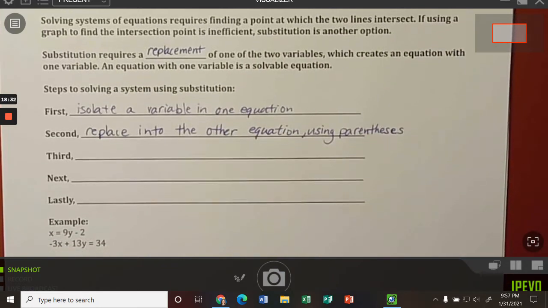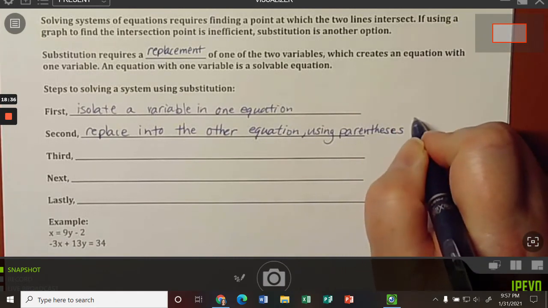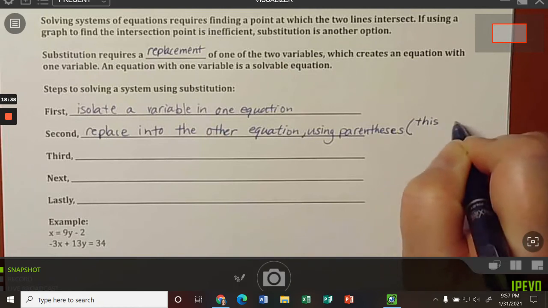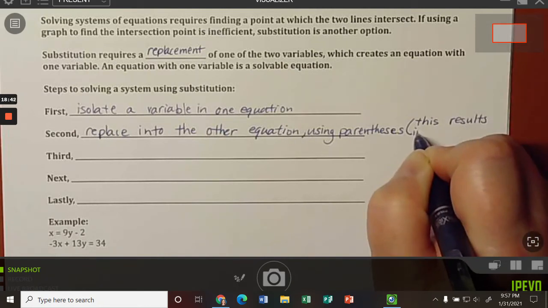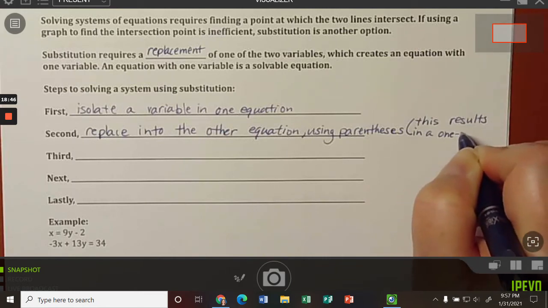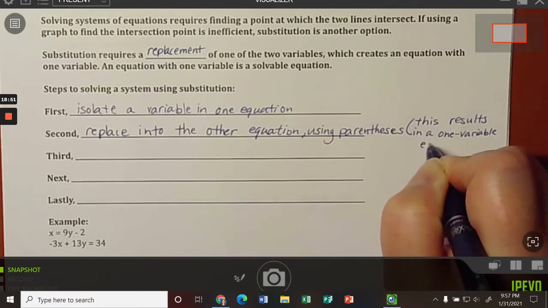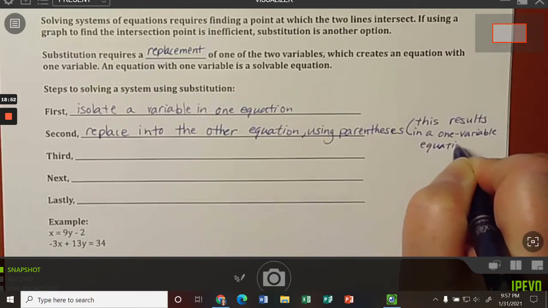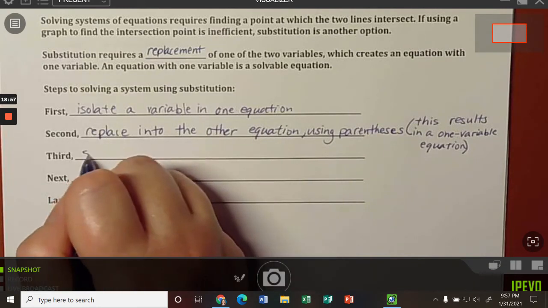Okay, so that's going to result in a one variable equation. So I'm just going to put that little note here. This results in a one variable equation. Okay, third, solve the new equation.